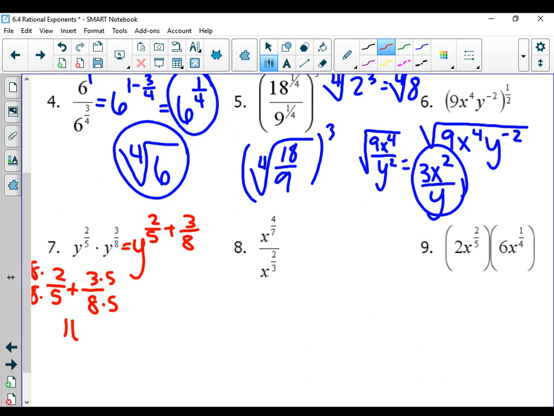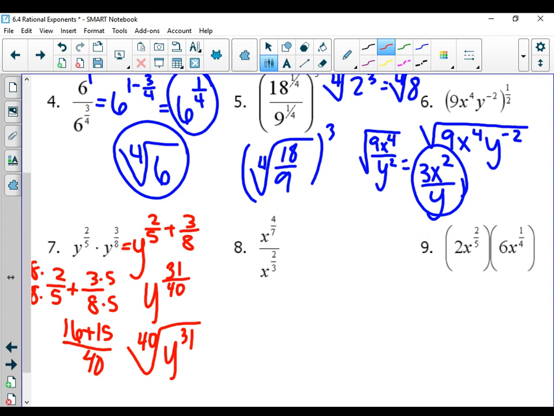So we have 16 plus 15 all over 40, which gets me 31 over 40. And of course, that would be the 40th root of y to the 31st if they asked you to switch it, which is weird, but doable.